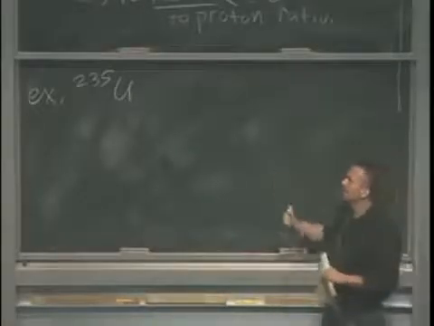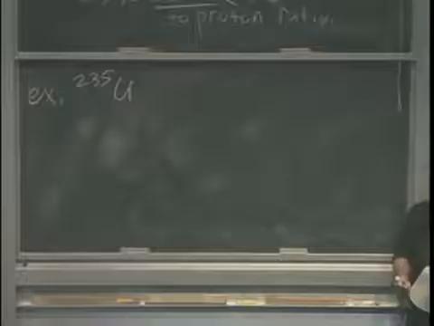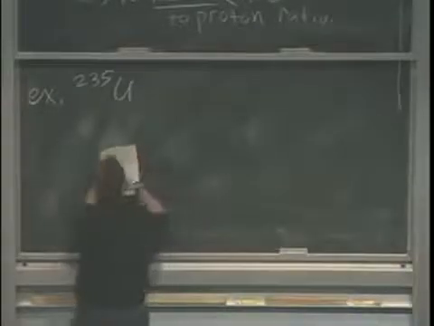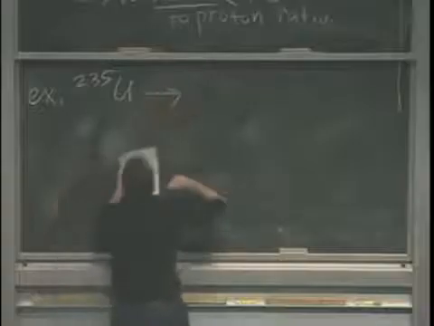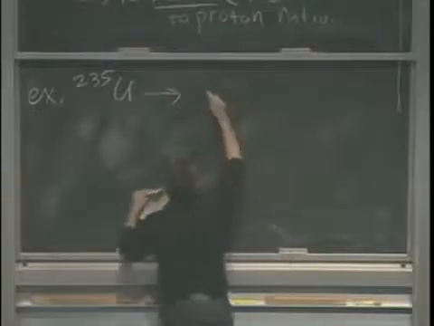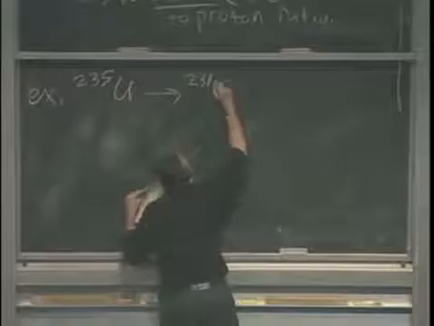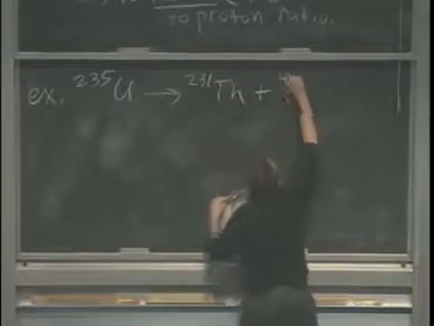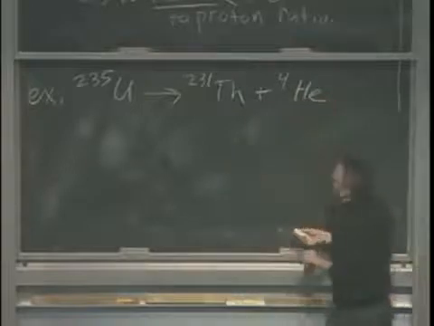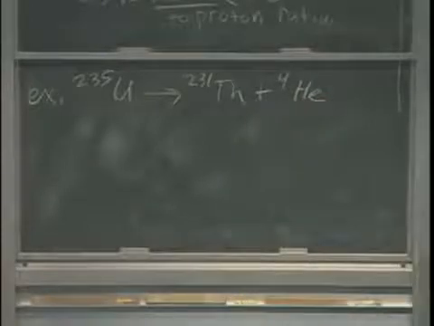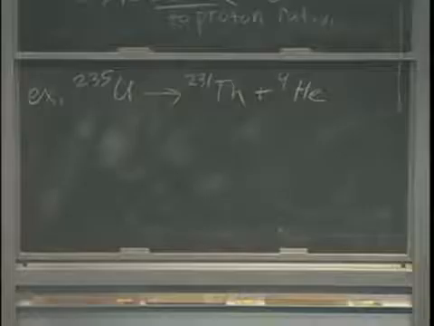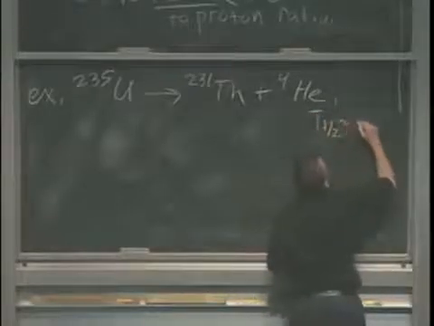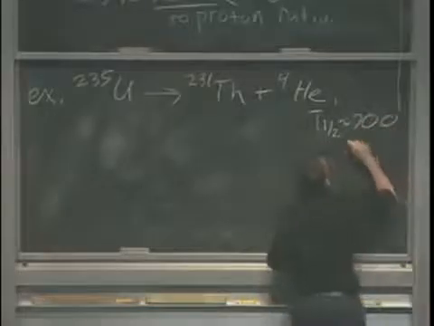But it's not quite stable. It will decay, and it decays by an alpha decay. So it will turn into thorium-231 plus a helium nucleus, with a half-life of about 700 million years.